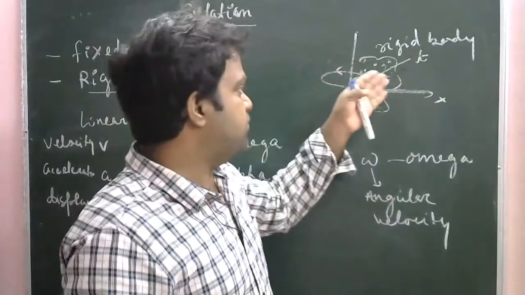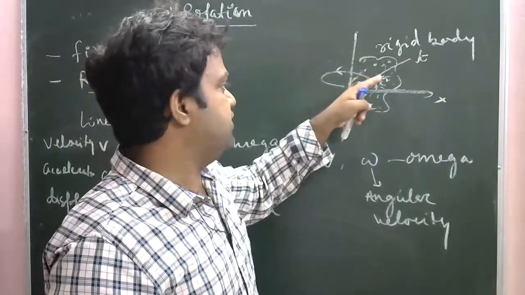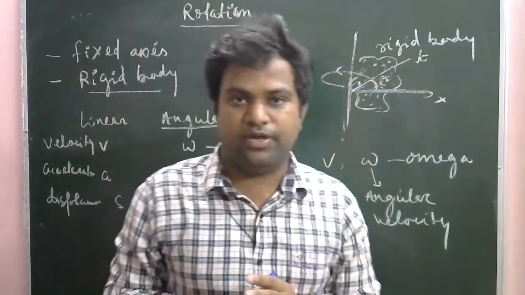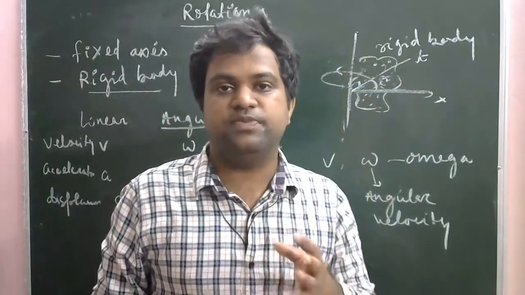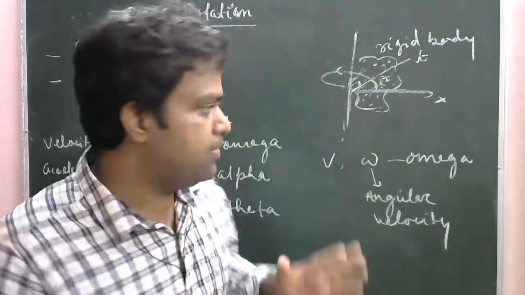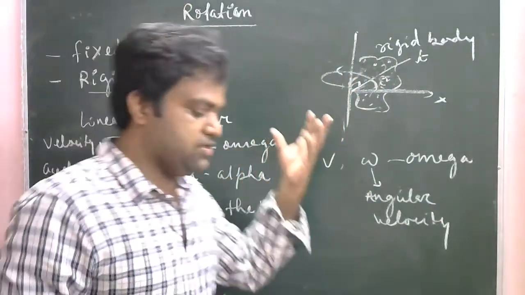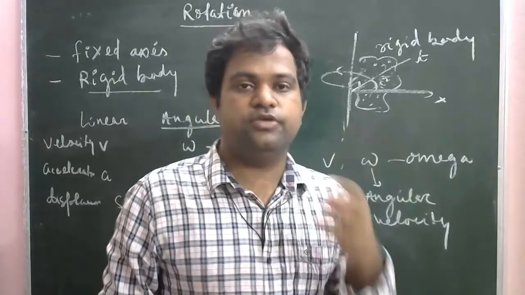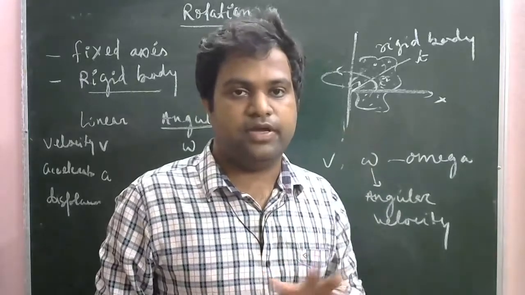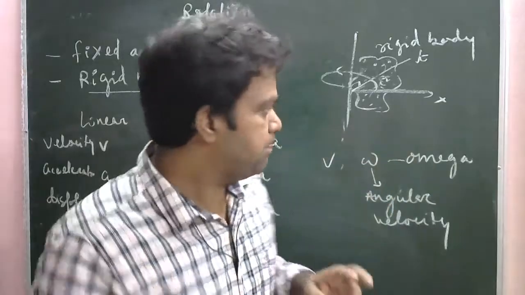So here the object will rotate around this axis, meaning it will change its angle. The angle will increase. So displacement is measured in the rotation case in terms of theta. And we will measure it more precisely using pi, which I'll discuss now. What is the difference between degree and pi?